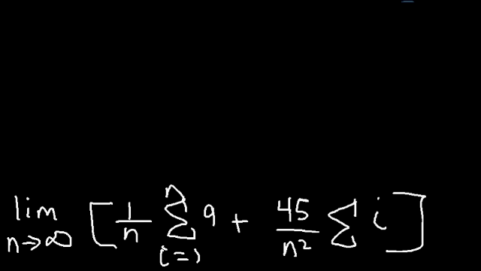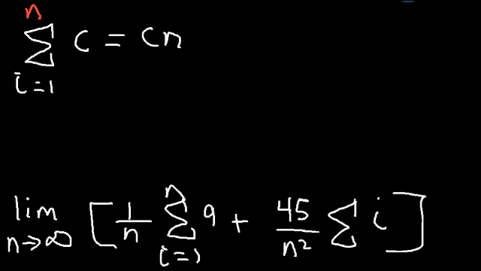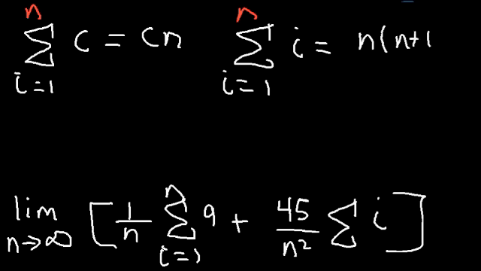Now let's review the formulas that we can use at this point. So if we have a constant c, it's going to be c times n. And if it's simply just the variable i, if you recall, it's going to be n times n plus 1 divided by 2.